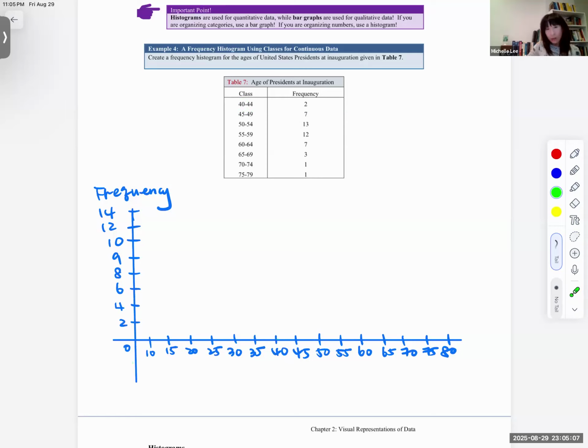If you don't want to make a scale before 40, then we can make a break symbol. We're going to get to that later in the chapter section about truncation. All right, so we have 40 to 44, which has frequency 2.